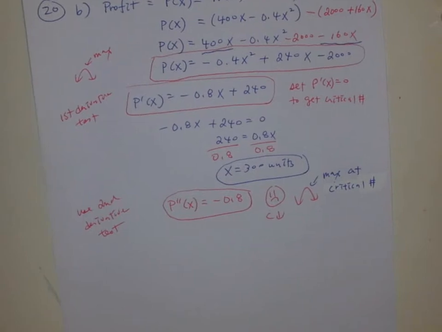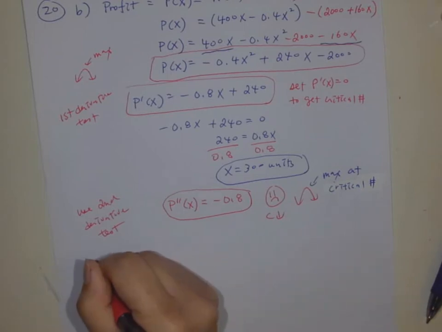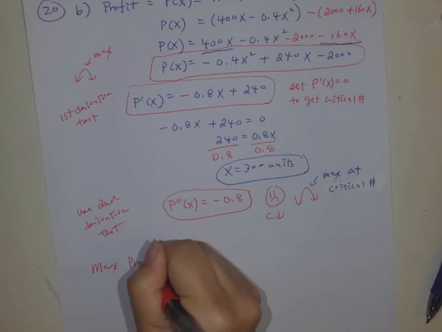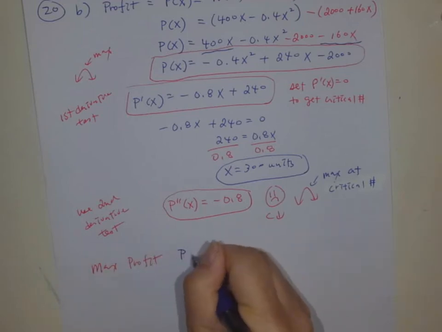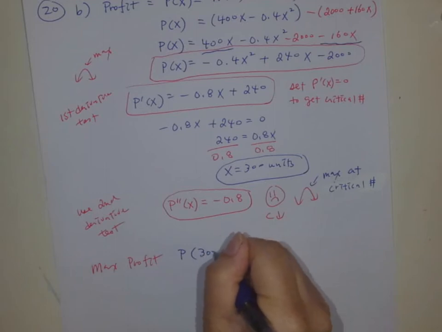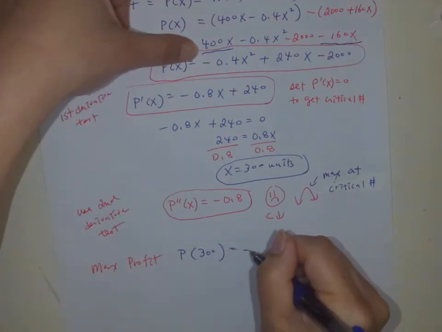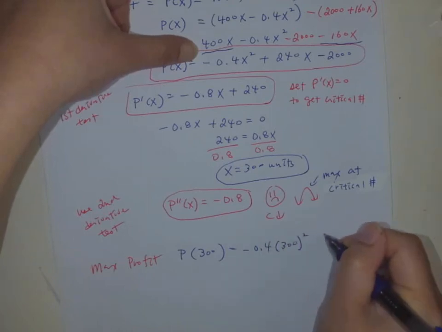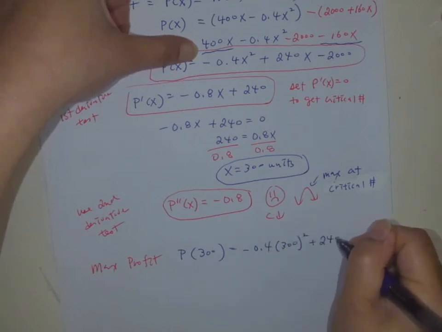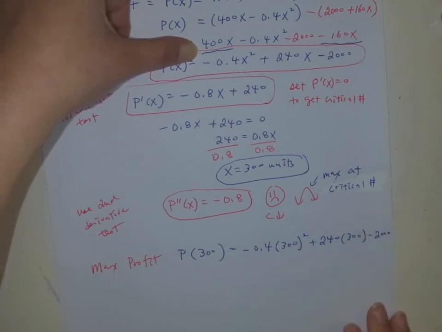We have to find the maximum profit. So they ask for maximum profit. We need the original P of x function, so P of 300 equals negative 0.4 times 300 squared plus 240 times 300 minus 2,000.